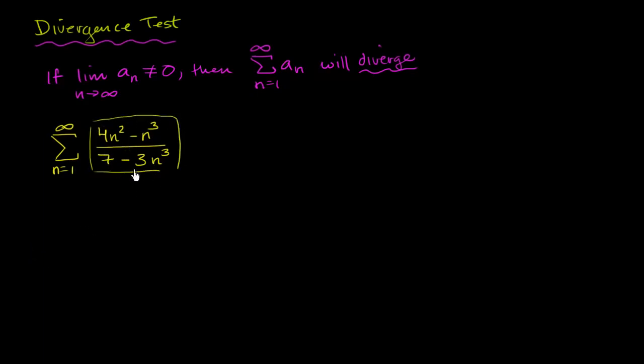So this is essentially our a sub n, if we're trying to match to the definition, or the explanation of that divergence test. So let's think about what the limit as n approaches infinity of (4n squared minus n to the third) over (7 minus 3n to the third) is. And I encourage you to pause the video and think about that.